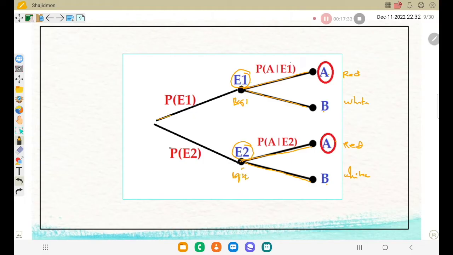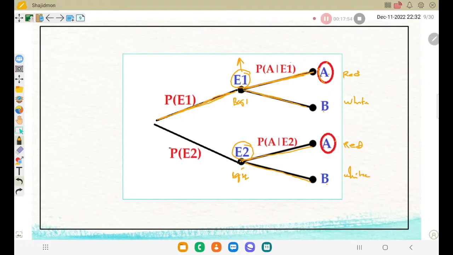So the probability of E1 we write on this line. The probability of A given E1 we write here. That means we are calculating the probability of a red ball under the condition E1, from the bag E1. That is why E1 is on the down side, correct? This is the normal conditional probability, probability of A given E1.